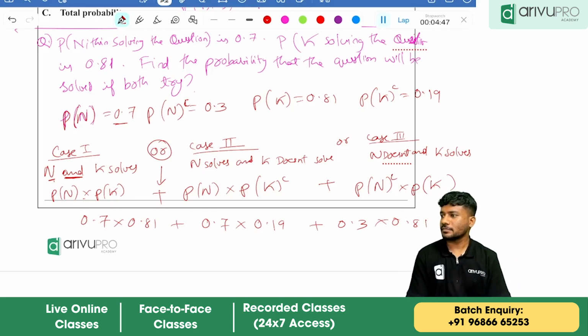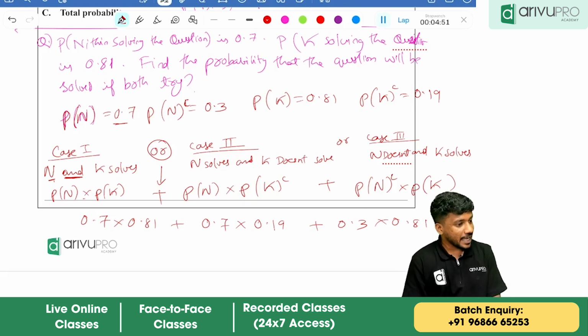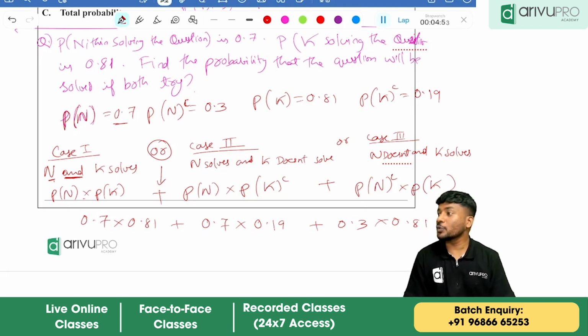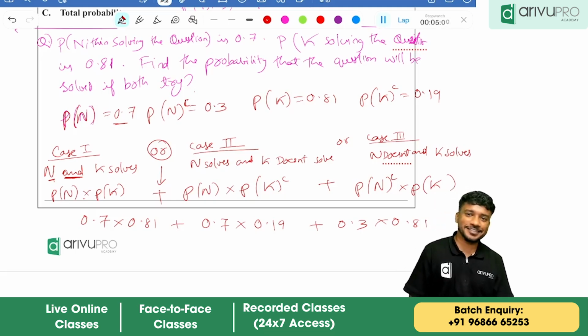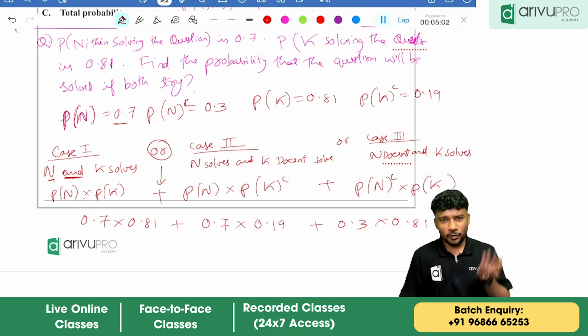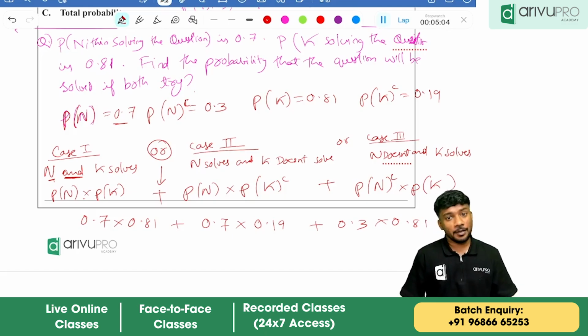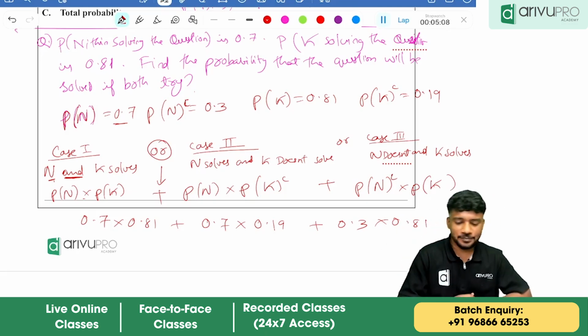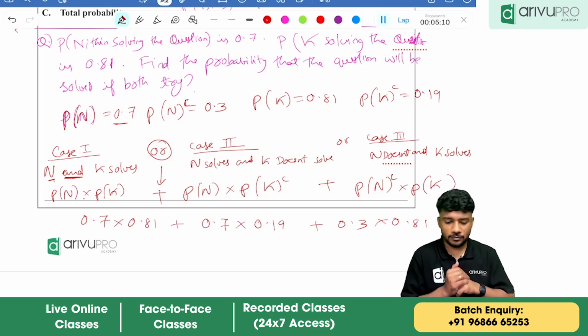Try. Did you understand the logic for this question? There can be questions like this for you in the future. That time you should use this logic. That means one person will solve it, the other doesn't. Likewise, one goes up, the other doesn't go up; first goes up, second doesn't go up, both go up. Likewise.